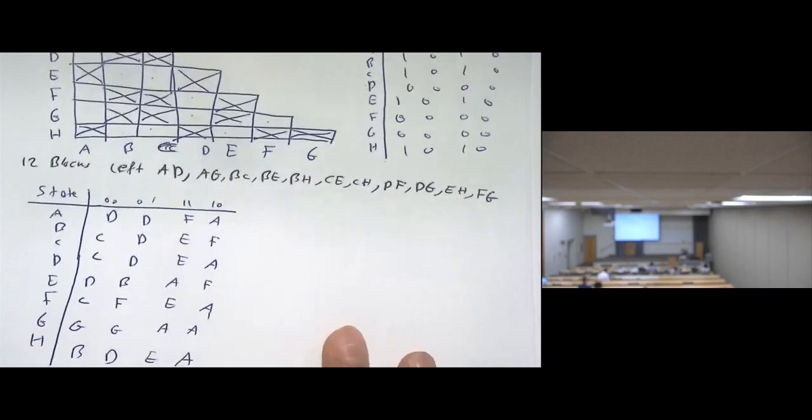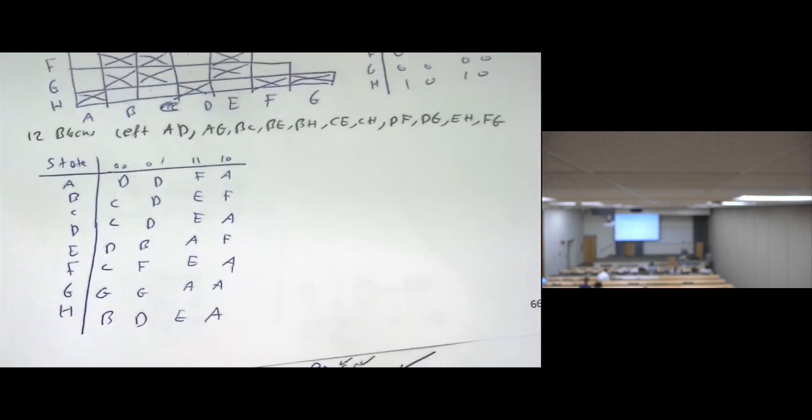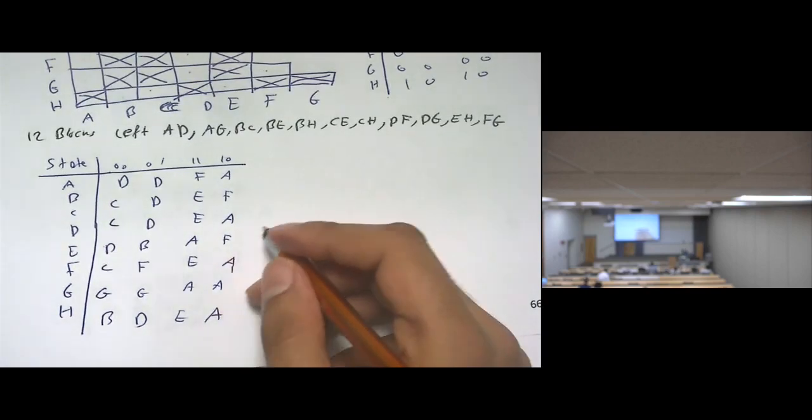I just copy it from this one, to be including only the states. Now, we need to look at the implication table for each state, or the implication pairs, sorry, for each state.